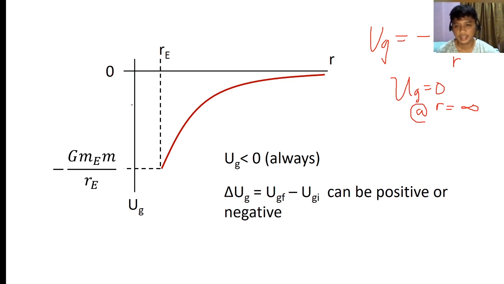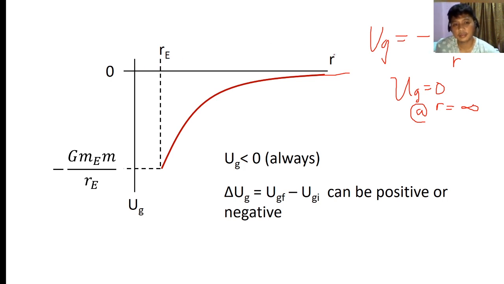So here clearly, for any r's less than infinity, this is going to asymptotically reach 0, and it can go towards infinity before it reaches zero.